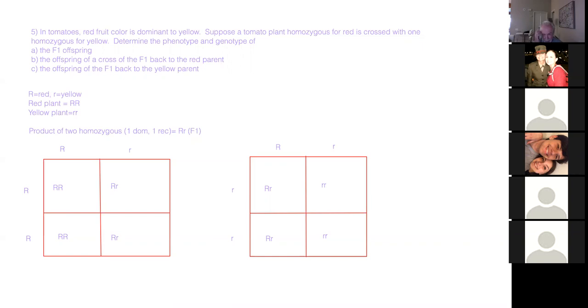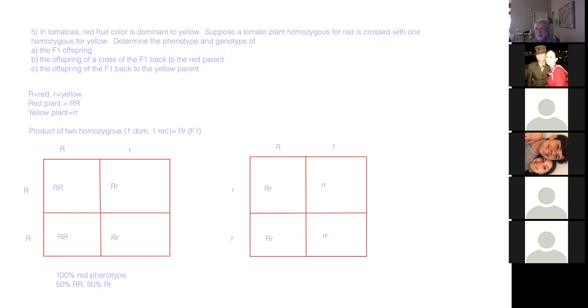How about the second column? It's yellow. They're going to be yellow. So I'm going to have 50% red, 50% yellow. All right. That's how this works out. So my answer over on the left hand side is 100% red phenotype and 50% big R, 50% big R, little r.